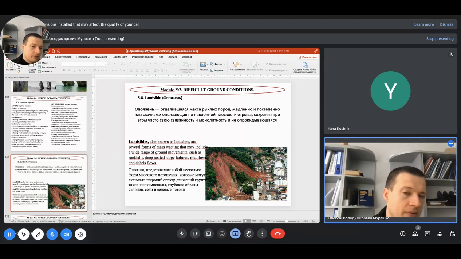By the way, we have to know that the most expensive real estate square meters are located on landslide territories, because landslide territories in Odessa in most cases are located near the sea, and that is why the sea view is really expensive.